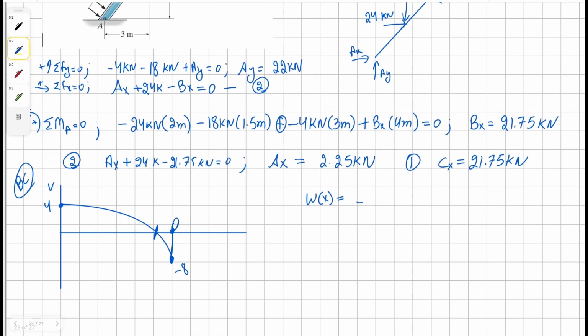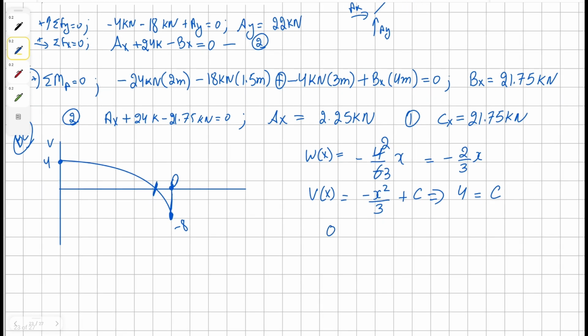The slope is 4 divided by 6, simplifying further, 2 over 3 times x. Now we can integrate this to find our shear equation, which is going to be negative x squared divided by 3 plus our constant. To find our constant, we know shear is 4 when x is 0. Therefore, our C is 4.